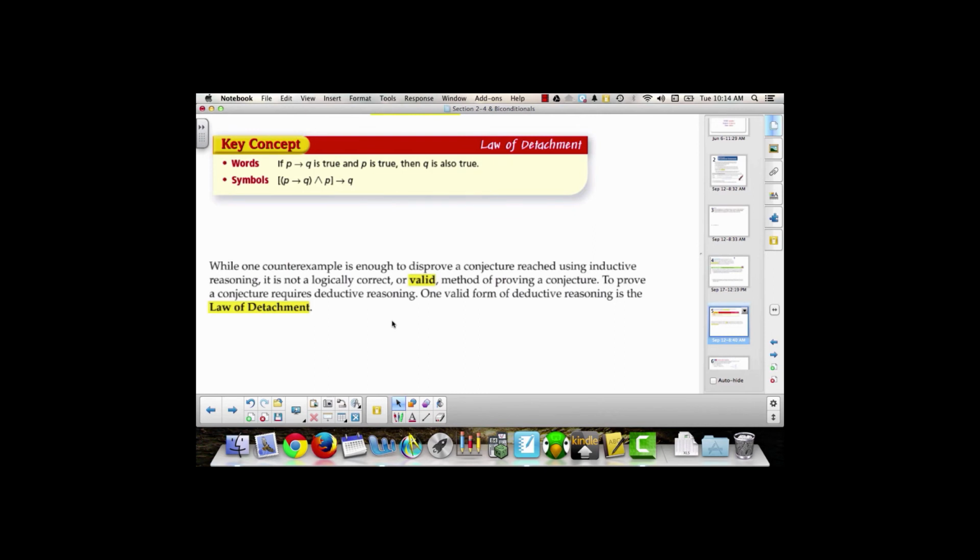The only way we can use the law of detachment to say a statement is valid is if this first part happens. We have an if-then statement that we know is true, and we have an example of the hypothesis happening. If that occurs, the reasoning is valid and we can make the conclusion Q.